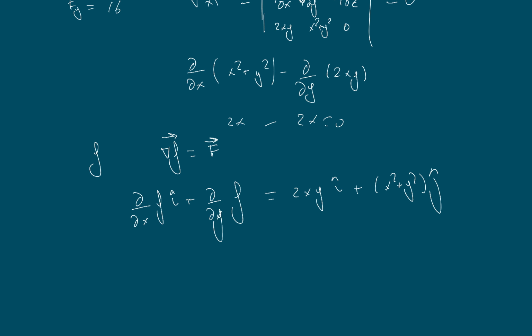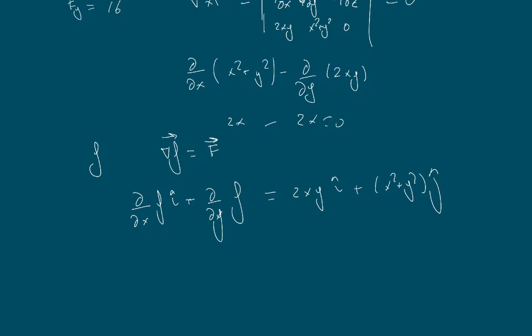So we conclude that this vector field is conservative, and if it's conservative, there always exists a function f whose gradient is the vector field. So what we want to do now is to find f.